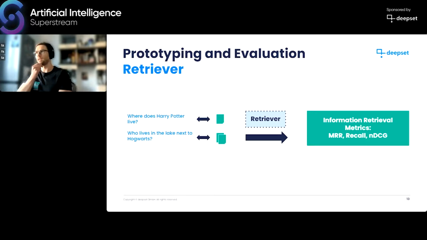And this way you can collect a lot of data points in a very, very short time. And then when you have that kind of data, like for example here also the second one, who lives in a lake next to Hogwarts, you can also have two relevant documents, of course. You feed through the retriever, you get results. The results you compare with these gold standard documents, and then you can calculate metrics. So this is a very, very systematic and quite easy to understand way of evaluating things.